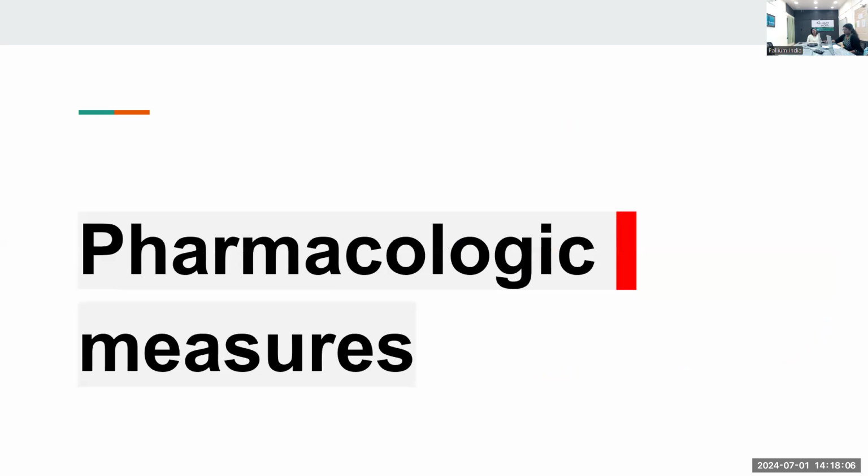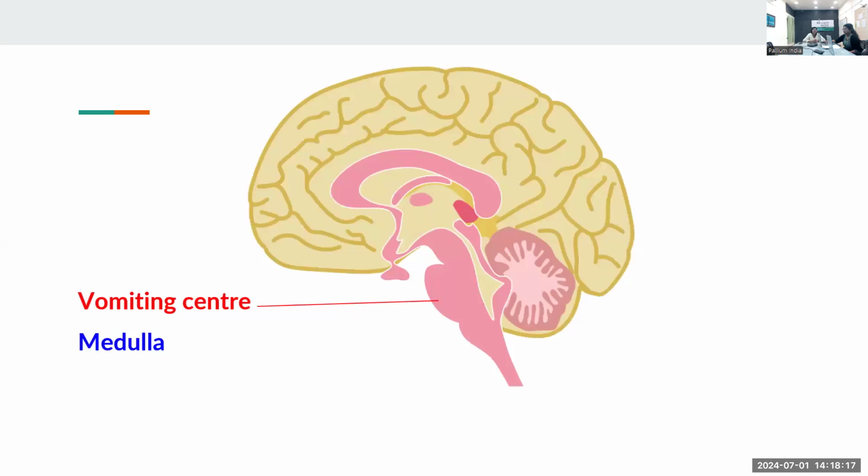Next one. Now, coming to the pharmacological measures, we are going to look at a little bit of the pharmacology of antiemetics and how they work. So, listen carefully. We all know that in the brain, for everything to happen, our brain should control it, right? Even a small movement happens because of the brain.